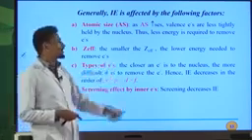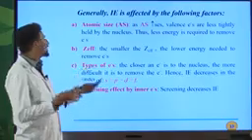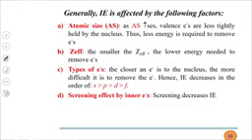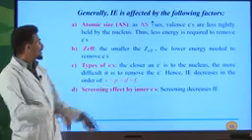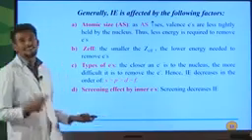So the closer an electron is to the nucleus, the more difficult it is to remove. Hence ionization energy decreases in the order of s, p, d, f. And the fourth one is the screening effect by inner electrons. Screening decreases ionization energy.